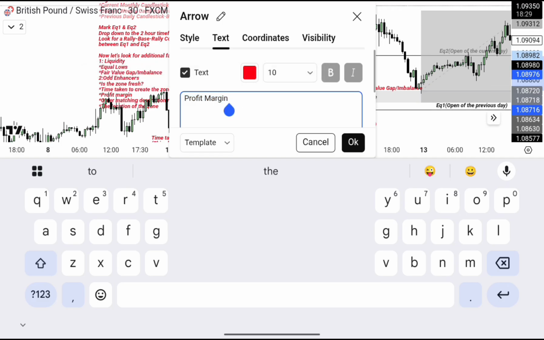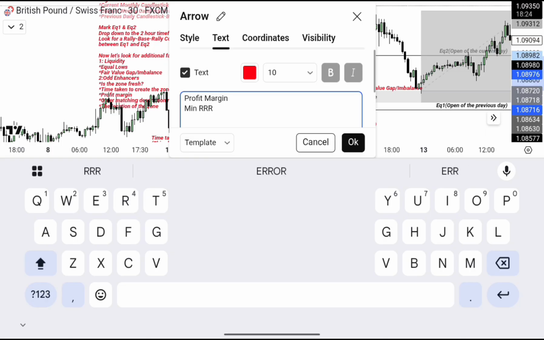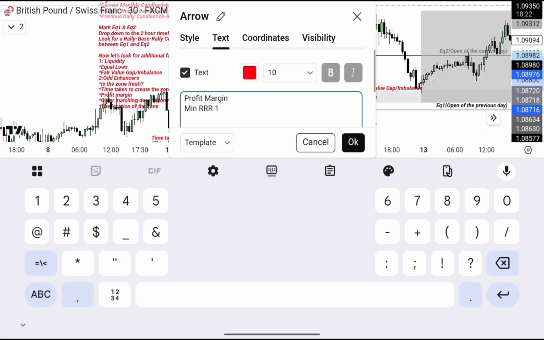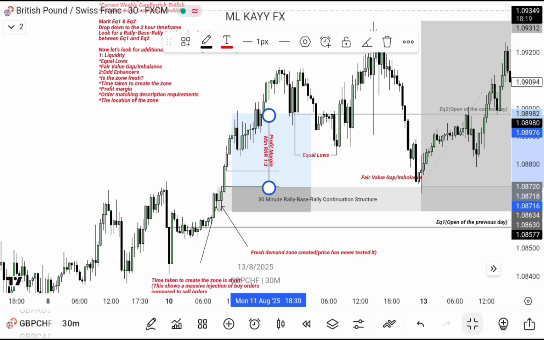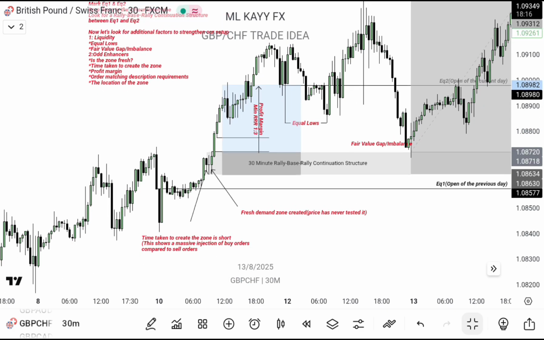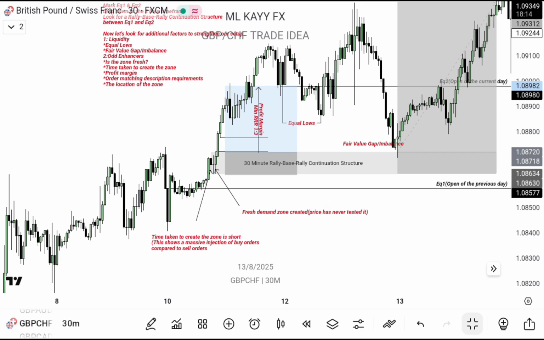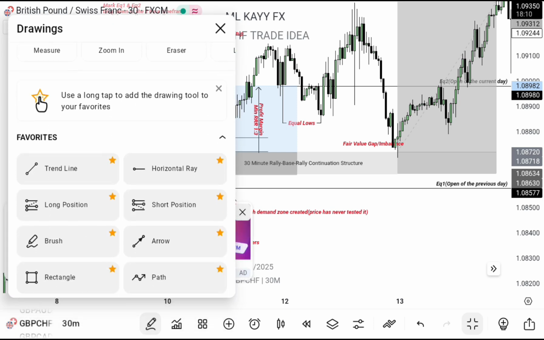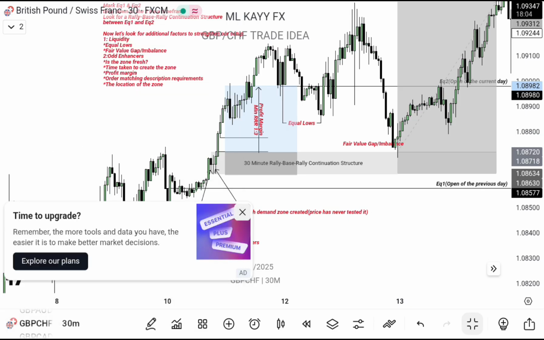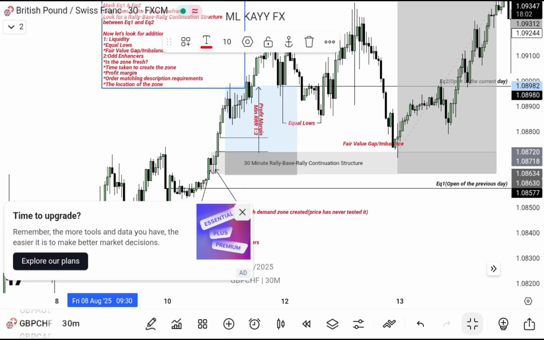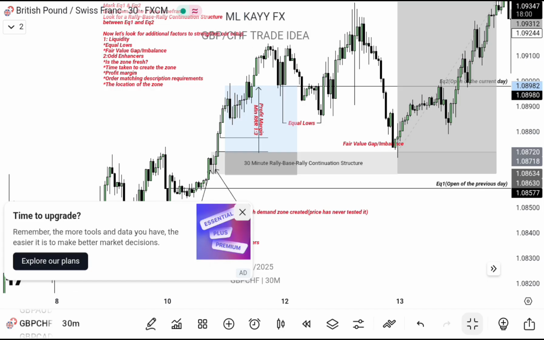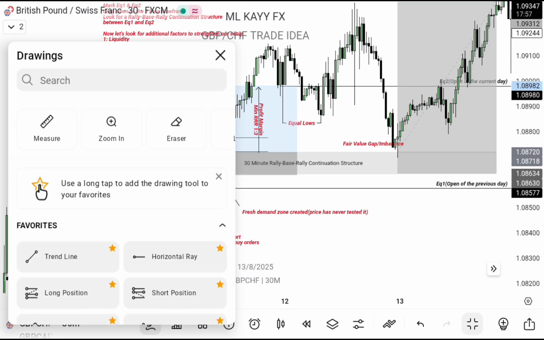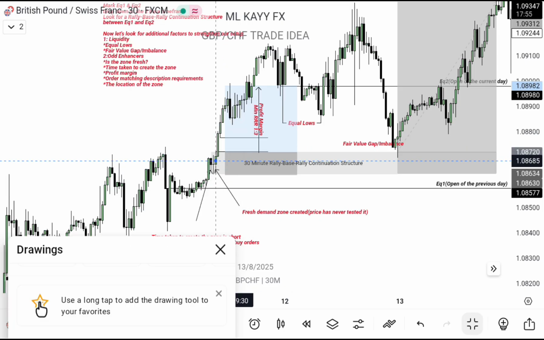In simple terms, I'm going to show it. It's regarded as the risk, the total distance or the total amount of pips between the proximal line and the distal line. That's the risk. So once price creates the risk, price needs to move away 3 times the risk in order for that zone to be valid. I hope I'm making sense, right?